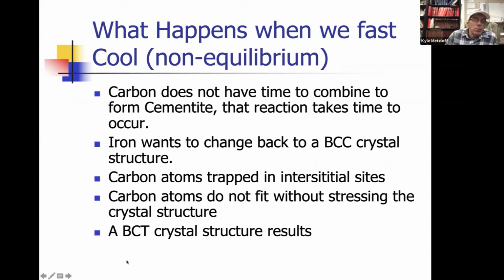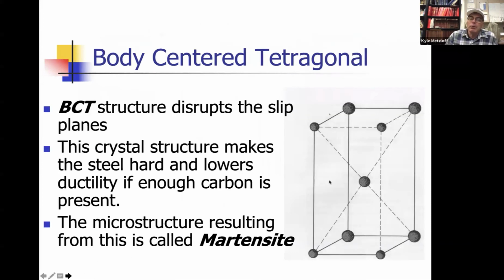The structure is called body-centered tetragonal. The only difference between body-centered cubic and body-centered tetragonal is that one of the sides is unequal. You see that? It's body-centered cubic, but stressed out. And this structure is called martensite because there was a metallurgist called Martin at one time. I think it was a German metallurgist who developed some of this stuff. So they called that martensite. That's the really hard stuff.